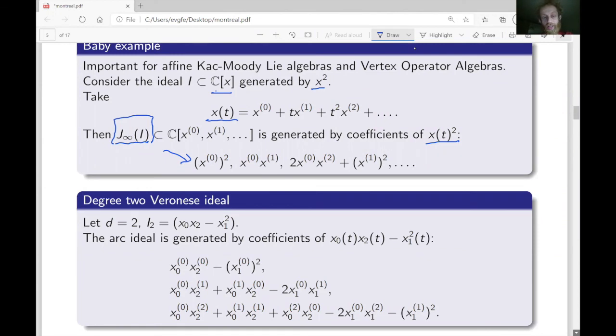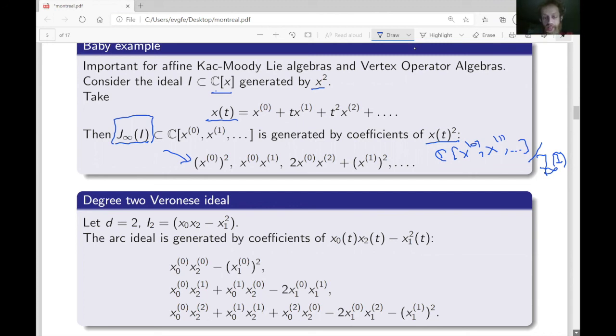And the quotient ring, C[x^0, x^1, etc.] modulo this J infinity of I, describes the structure of the basic or vacuum representation of the affine Lie algebra attached to SL2 of level 1.